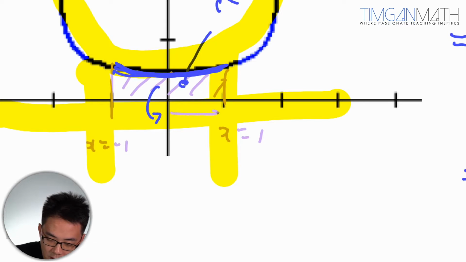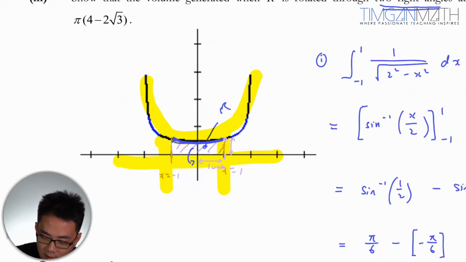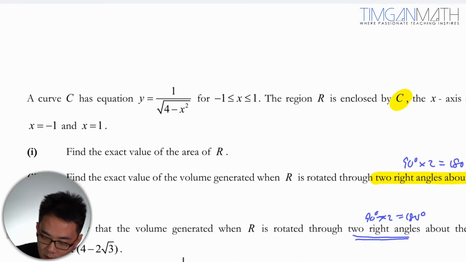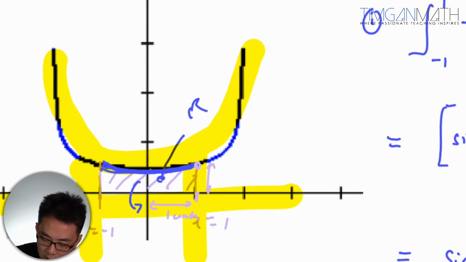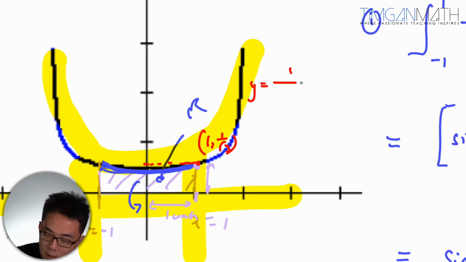This would be 1 unit. Then this will be a height here, which is 1. This here you could find a height. So when x is 1, this is 1 over root 3. So obviously this is 1 over root 3 here. This is 1, and just sub into the equation y equals 1 over 4 minus x squared, right?